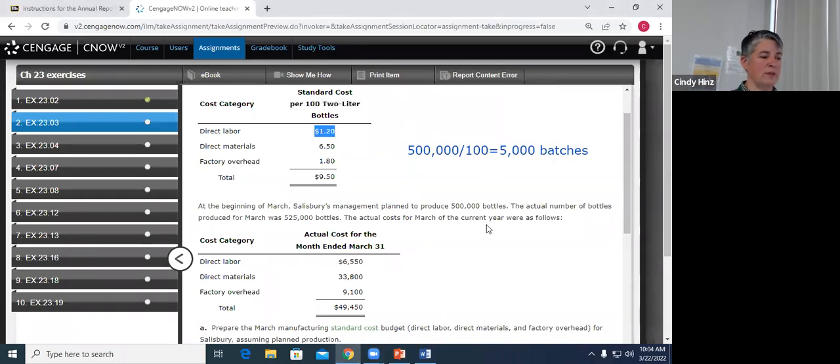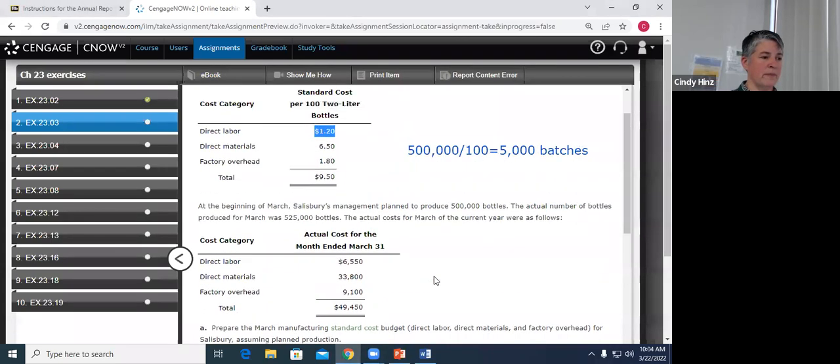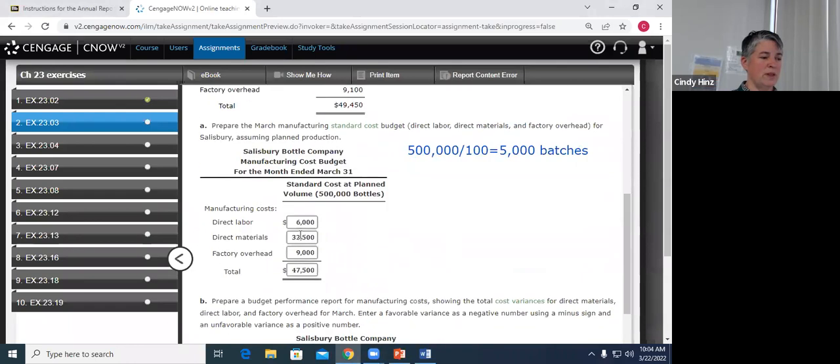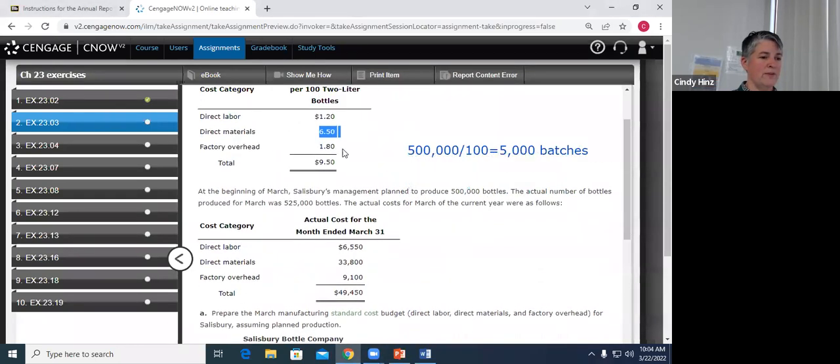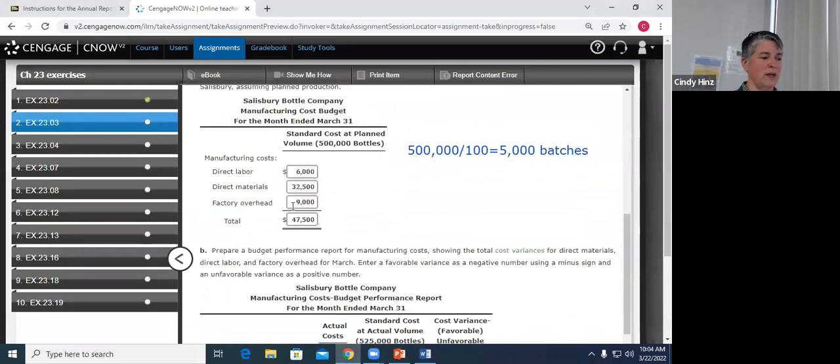So 5,000 times $1.20 is the $6,000 here. 5,000 batches at $6.50 each would be the $32,500. And then finally, 5,000 batches at $1.80 each would be this $9,000.